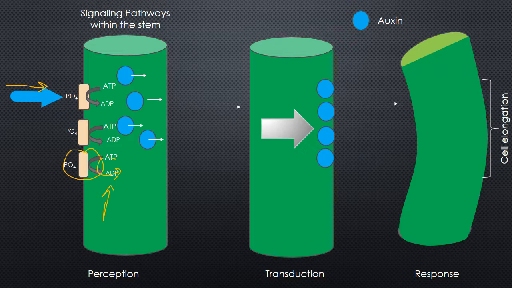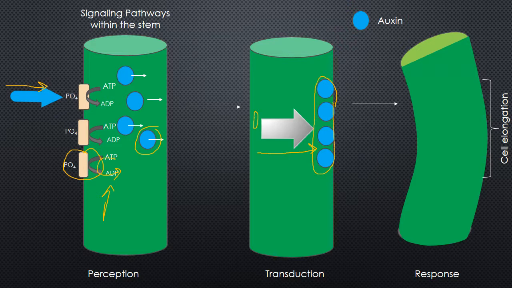Now, the transduction portion of this whole event has a lot of steps to it, but what I'm going to tell you is the overall story. What happens is that auxin within the plant begins to move. As you see right here, it moves away from the side that has light, and it sets up an auxin gradient where we have lots of auxin on this side and very little on this side.